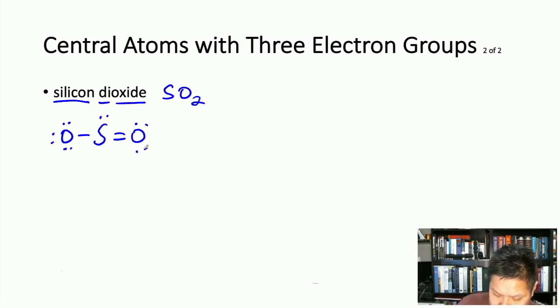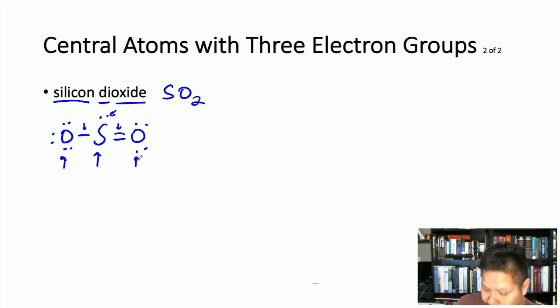All right. Everybody has their octet. This oxygen has an octet, right? This sulfur has an octet, too, right? 2 from this bond, 4 from this double bond, and 2 from the lone pair, right? That makes 8, so that's the full octet. And then oxygen with a full octet, which you already know from carbon dioxide.